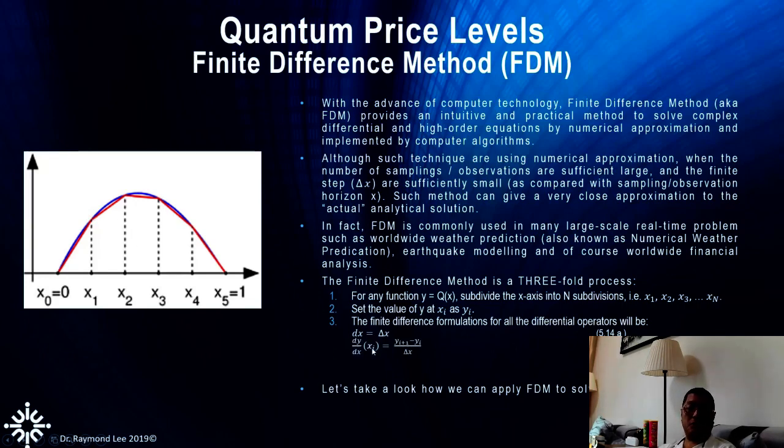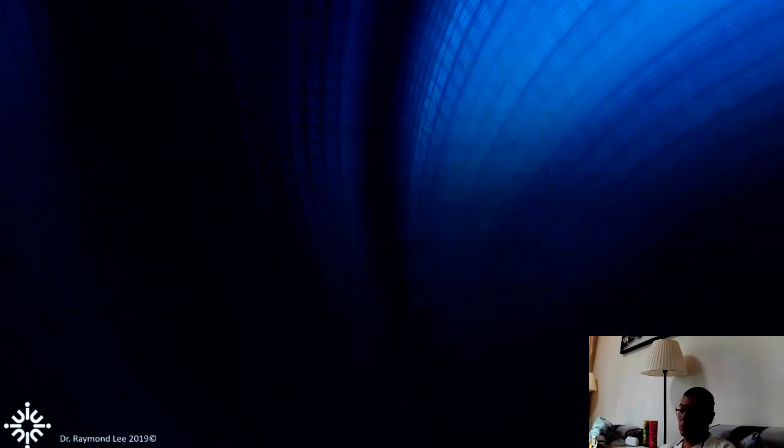The first order differentiation will become the slope, right? yi plus 1 minus yi over the piece width. And the second order, again, will be this one. So you can see the first and second order become very simple. And I can tell you that it's very accurate if you have sufficient data to do the chopping. So that's all. We call this finite differences.